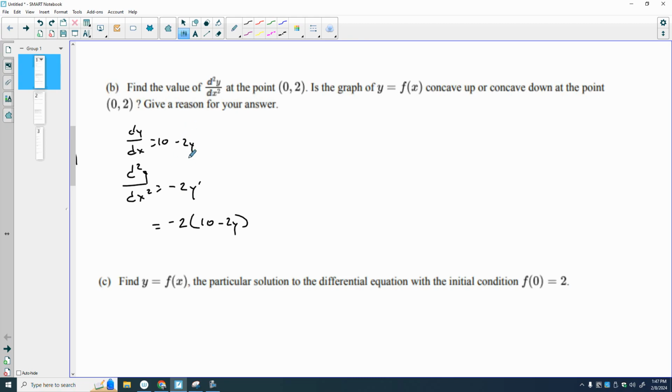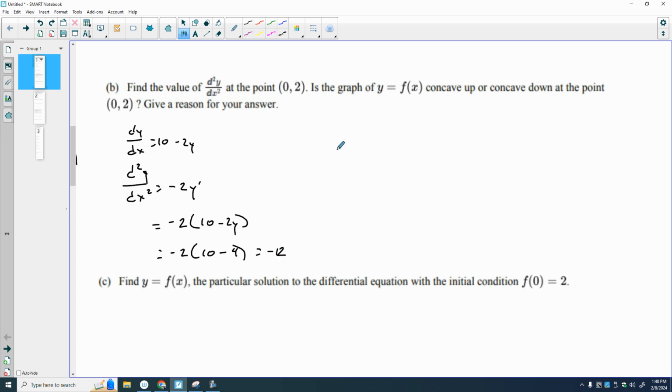I know y prime, so I plug it in. Now my second derivative at the point (0, 2) is still in terms of only y. So it's negative 2 times 10 minus 2 times 2, which is 4, and I get negative 12.